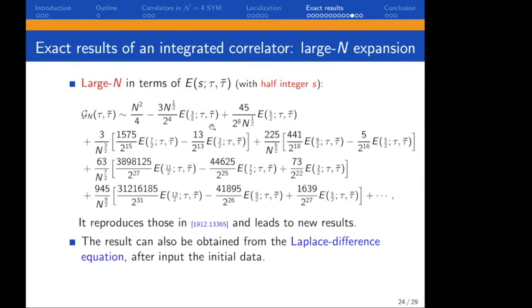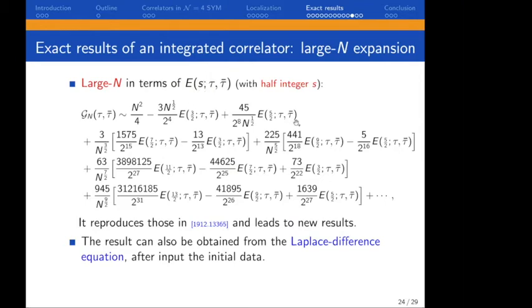If you remember, I began with a correlator, and I said it can be expanded in terms of non-holomorphic Eisenstein series, where the summation was over integer index s. I probably forgot to emphasize that the index s at finite N was an integer.